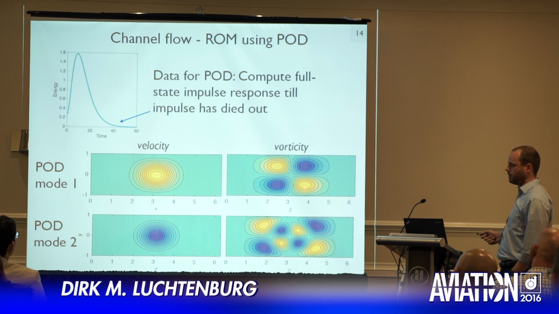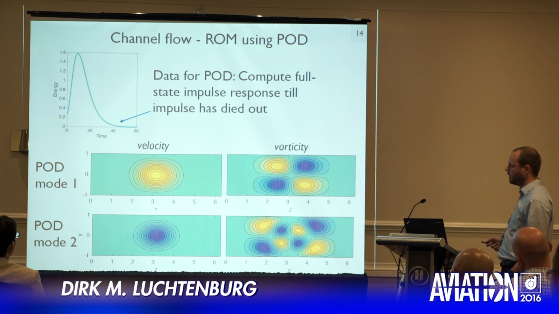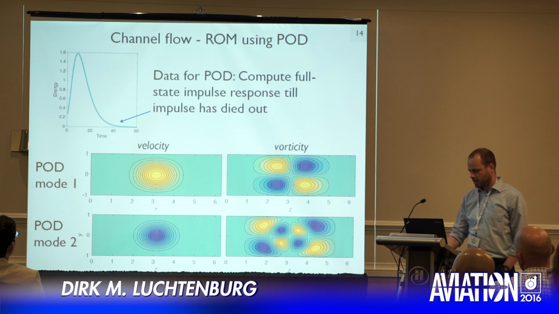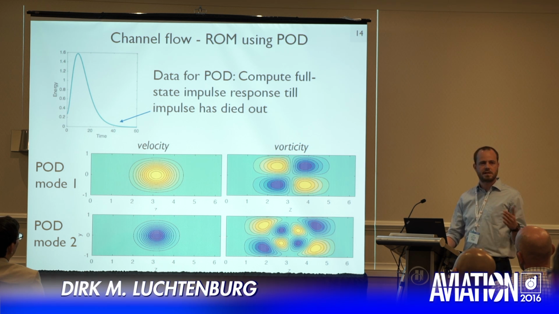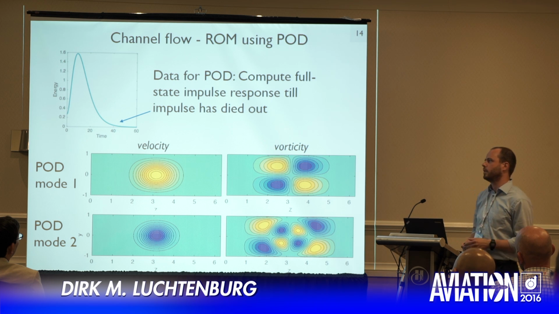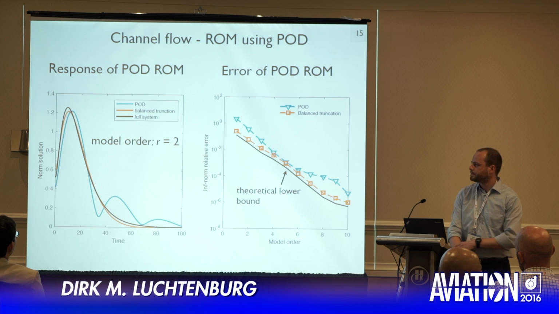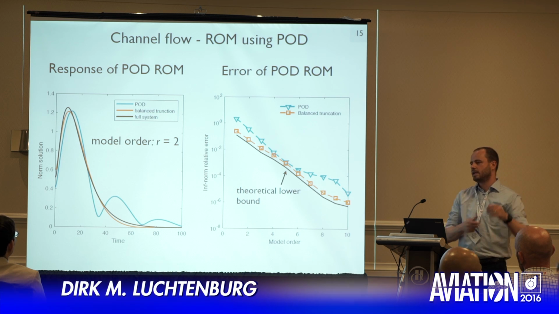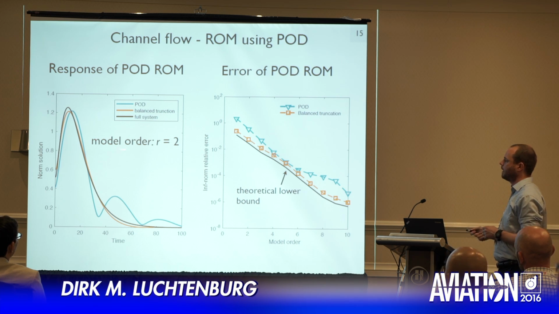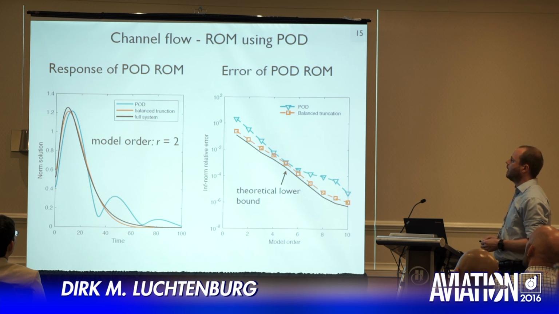These are the modes we're going to be using for projection, and since the states contain velocity and vorticity, I plot both here, but they're just part of the same mode. So these are just two modes, and we're going to use these two modes for projection and form a reduced order model. So here's the result of that. We really take it to the max by looking at basically two states. So we went from 480 to 2 now.